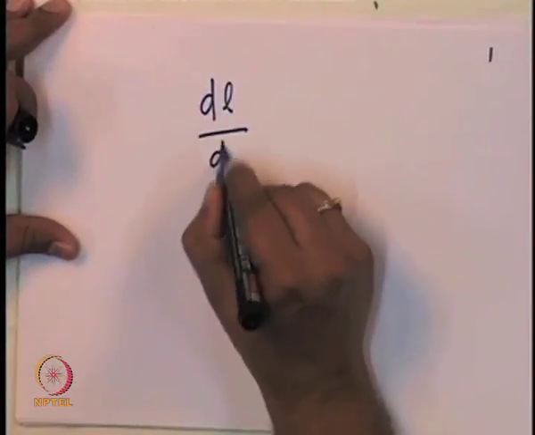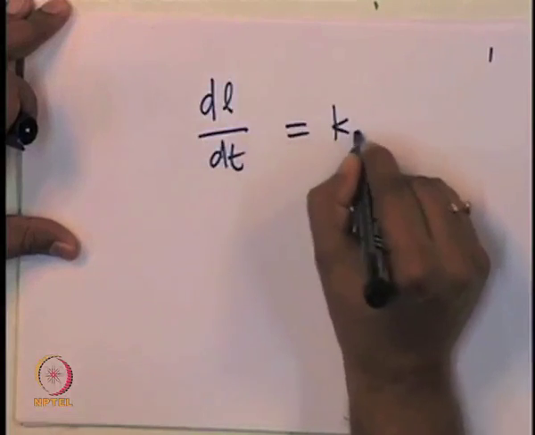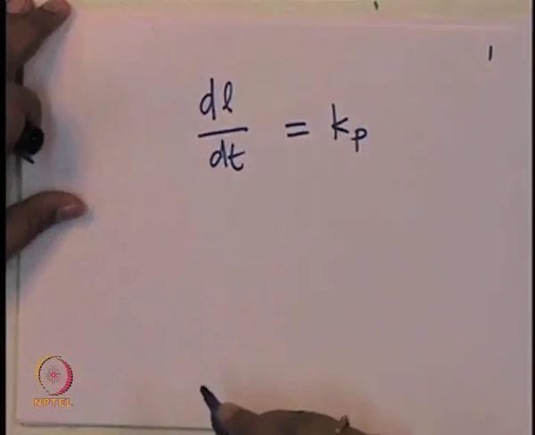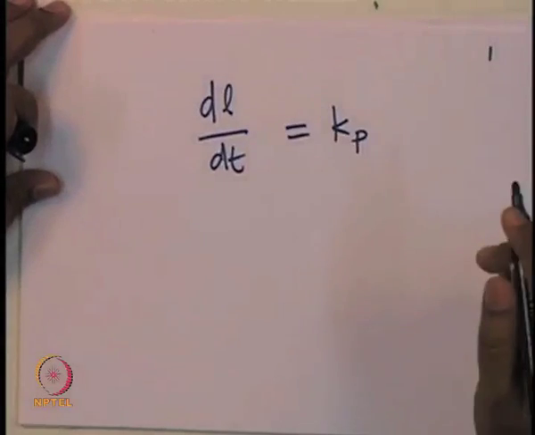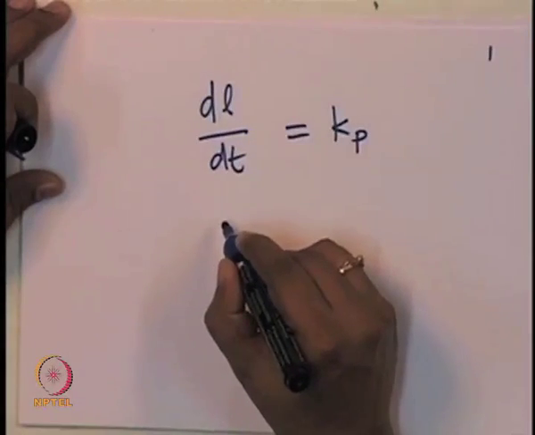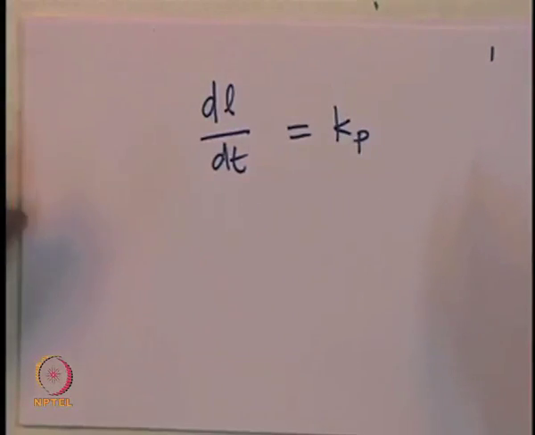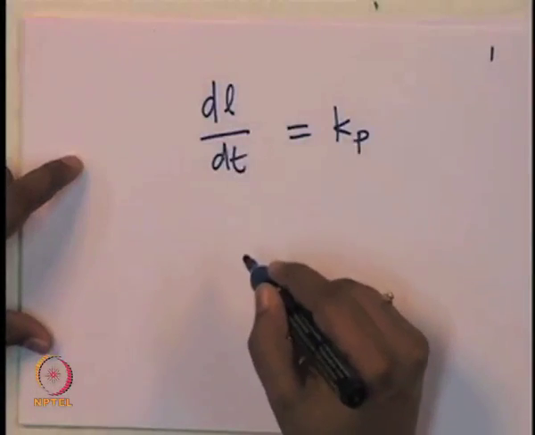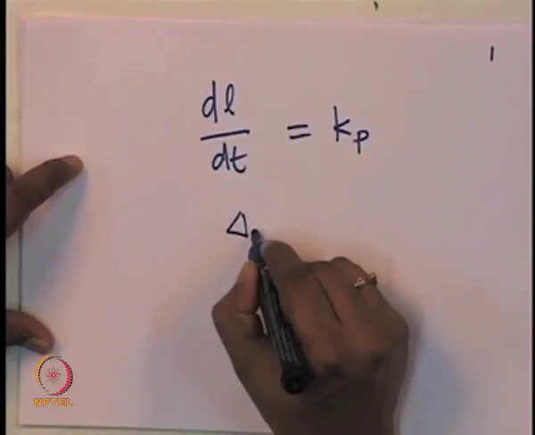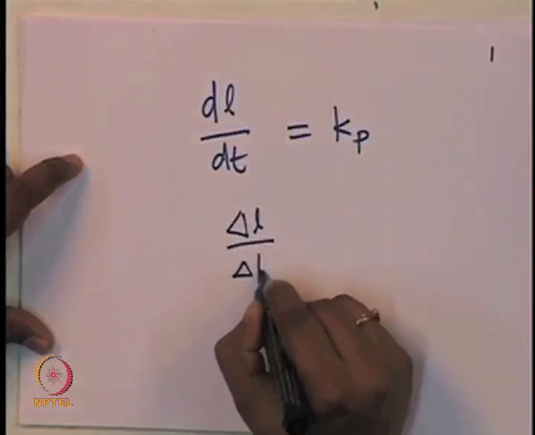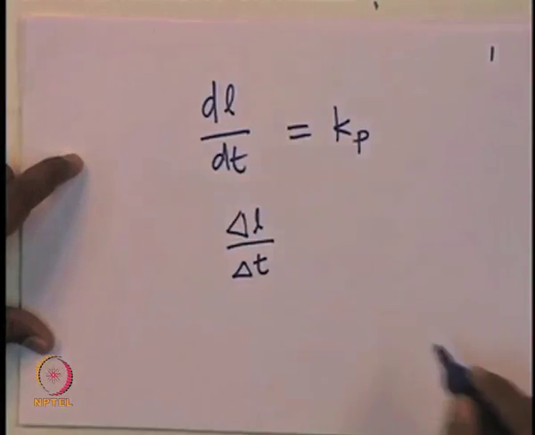dl by dt is equal to Kp. This is the equation we said. Let us make some sense out of this equation to begin with. As we saw in calculus when we studied differentiation, this actually means the change in length by change in time when the time change is very small.